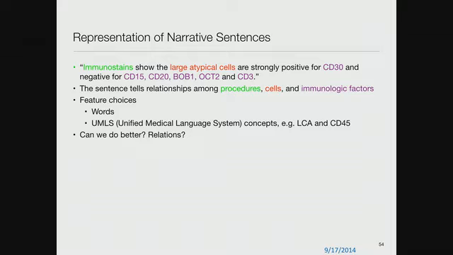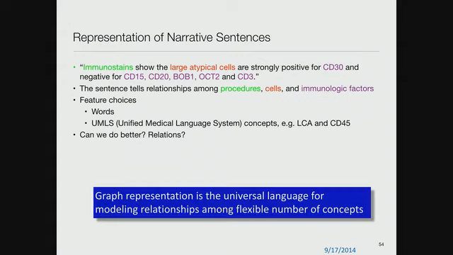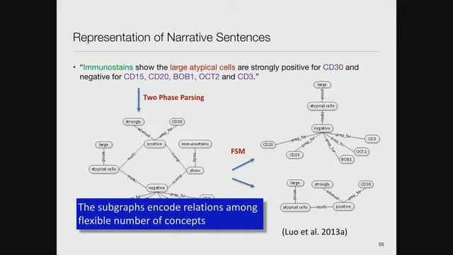And for feature choice, we can use words, or we can use UMLS concepts, or we can find various kinds of mappings. But he decided that in order to retain the syntactic relationships here, what he would do is to use a graphical representation that came out of, again, parsing all of these sentences.